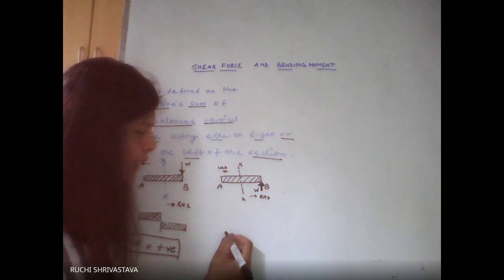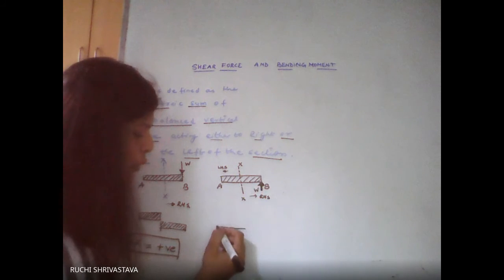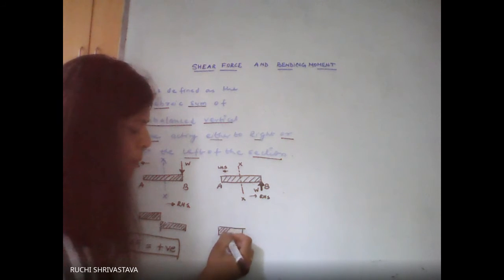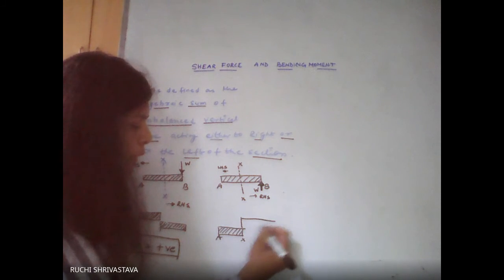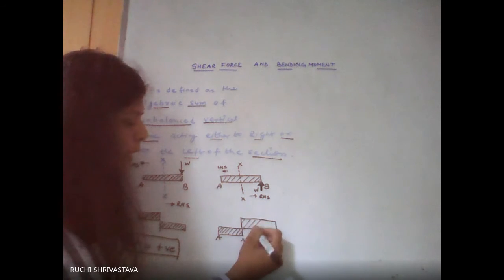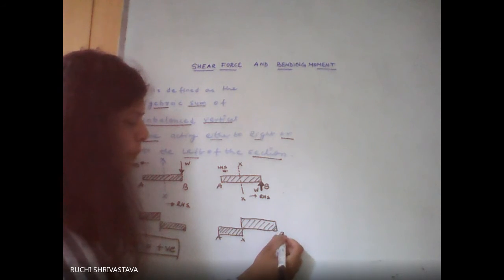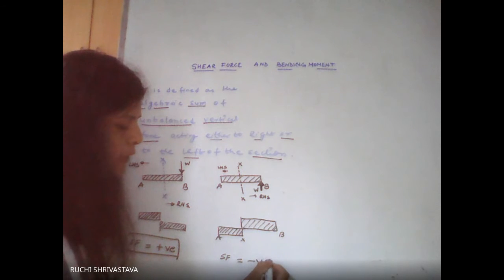So in our figure the AX portion will remain the same, but the XB portion will be pushed upward. When the XB portion is pushed in the upward direction, the shear force is considered as negative.